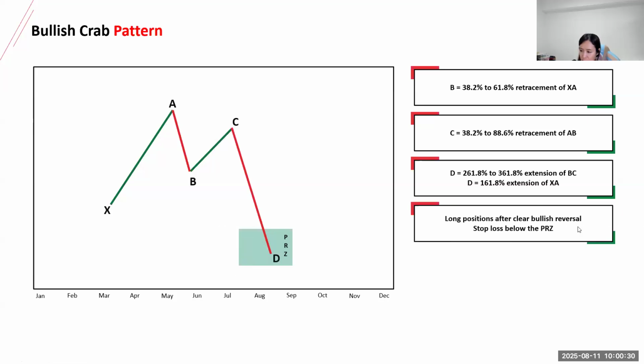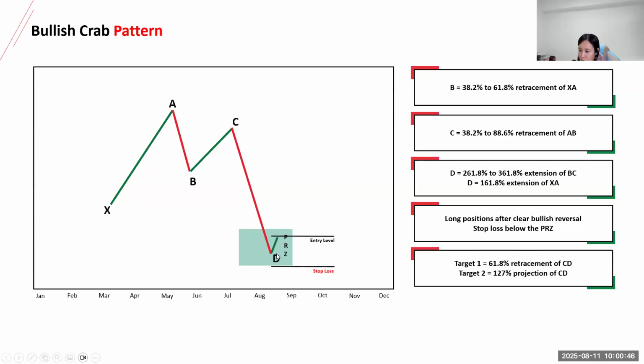Same one: whenever price comes to the zone, you see the confirmation, like chart pattern, price action, rejection, and then you place the buy entry right here. Entry, stop loss below the PRC zone, and take profit from 61.8%, which is the CD retracement, TP1 at 61.8%, and TP2 at the extension or projection of CD.